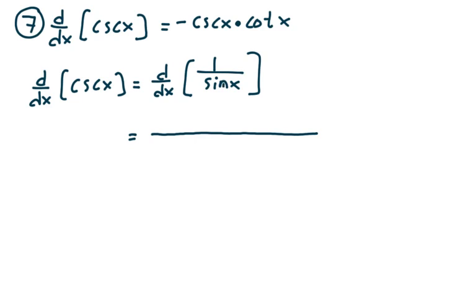So we're going to take the bottom, which is sine of x. We're going to multiply by the derivative of the top, minus the top, which is 1, times the derivative of the bottom, which is cosine x. I'm going to take that whole thing, and I'm going to divide by sine squared x.